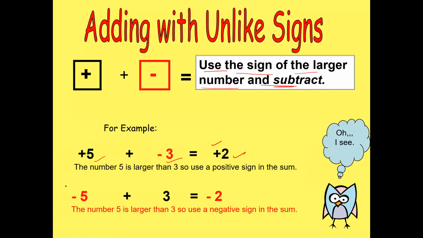And in the next example, larger number is 5, so the sign that we will use is negative, and 5 minus 3 is 2. So here the answer is -2, and in this example the answer is +2. Is it okay?